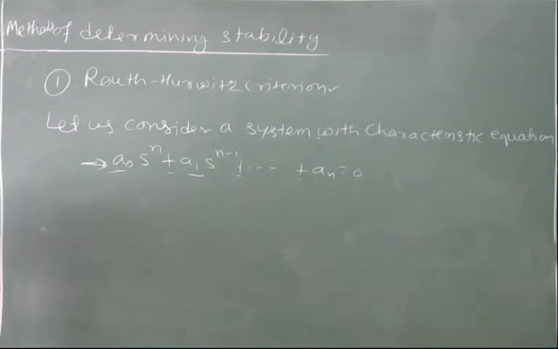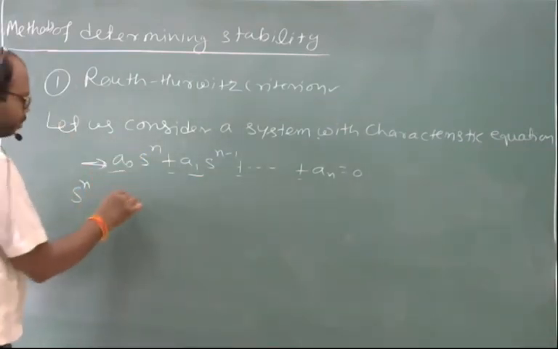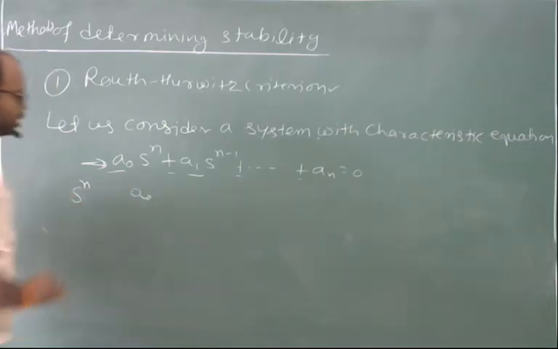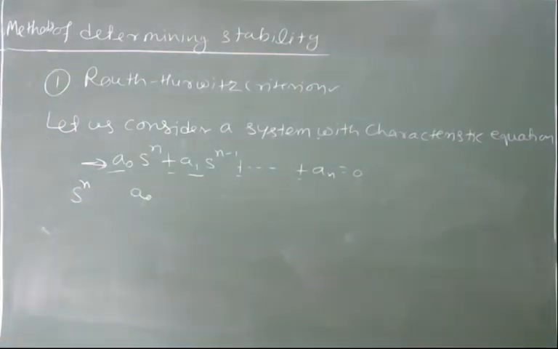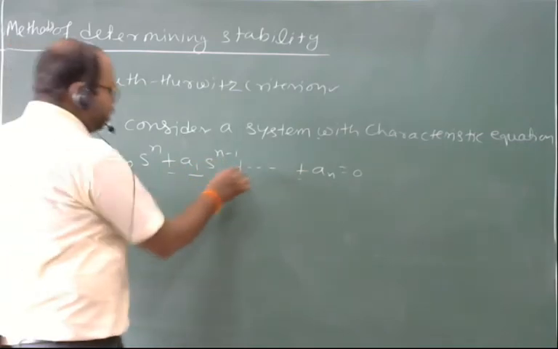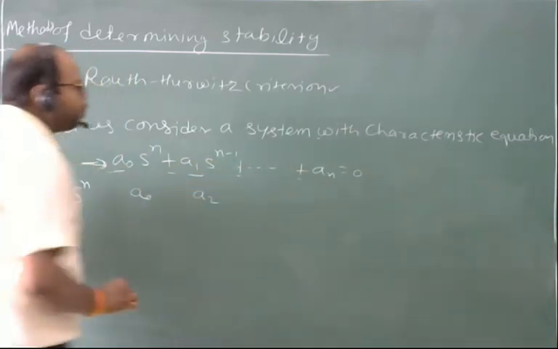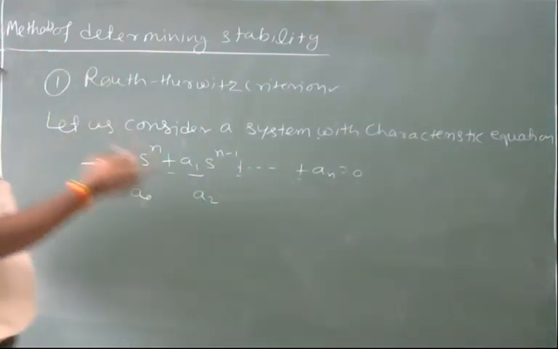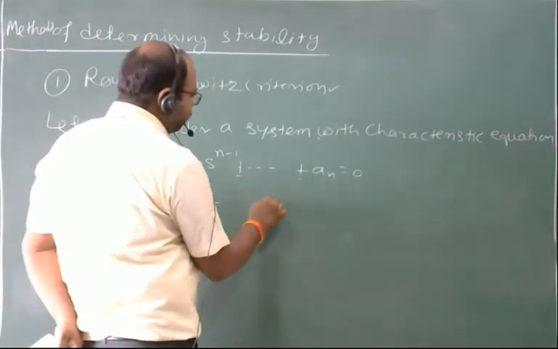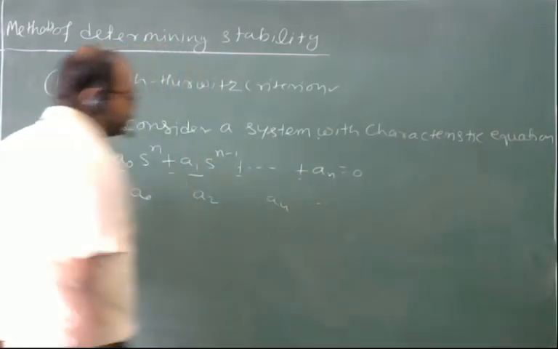First I'll write in the first row the maximum power of s, which is s power n, and in the row of s power n I'll write the coefficient of s power n, a naught. The next value in this row will be the alternate value a2. The next value will be the alternate value a4, and so on.